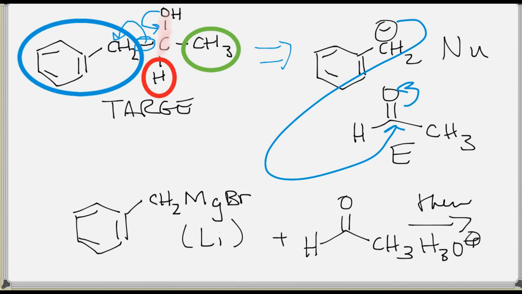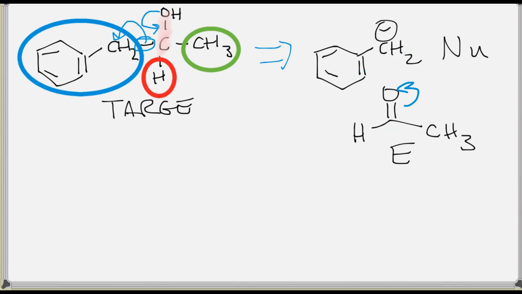All right, so let's look at our next example. Our next example would be, let's use the red disconnection. So what we're doing here is we are pushing the electrons back to make our carbonyl, but this time we are taking this pair of electrons and giving them back to the hydrogen.